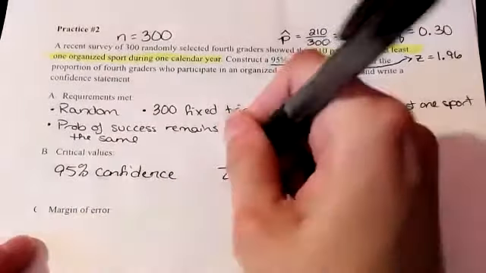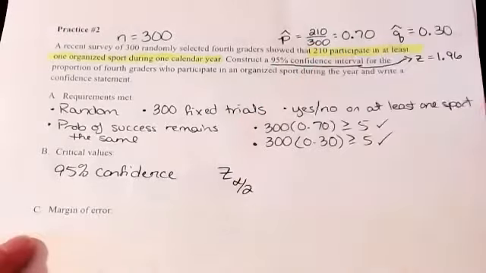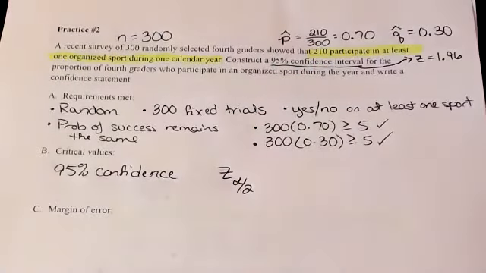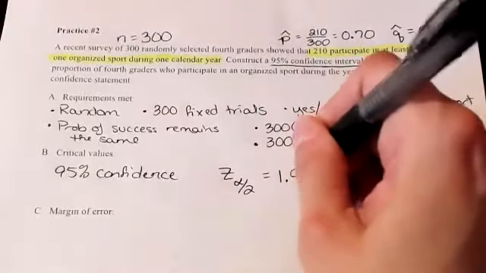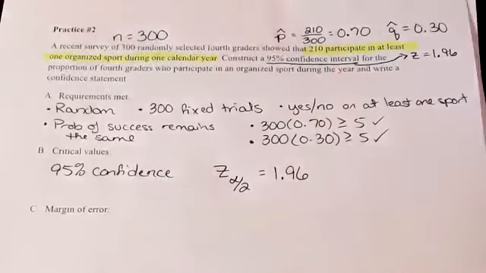So we're going to write z sub alpha divided by 2. I want you to use this notation, okay? And we see that our critical value is 1.96.